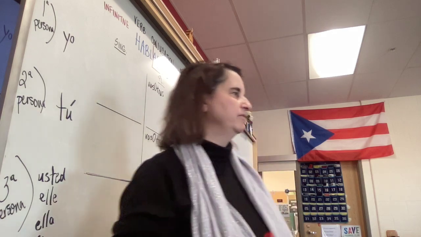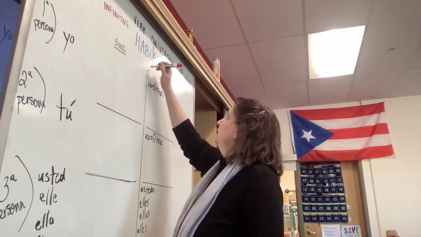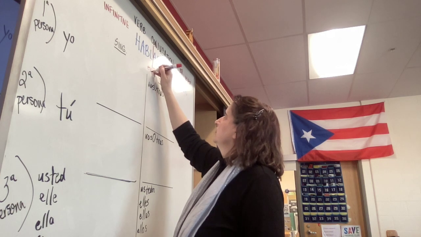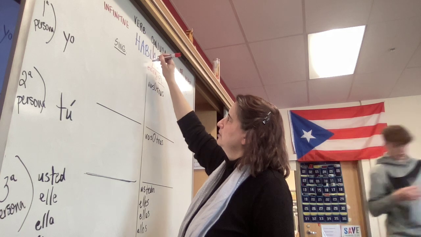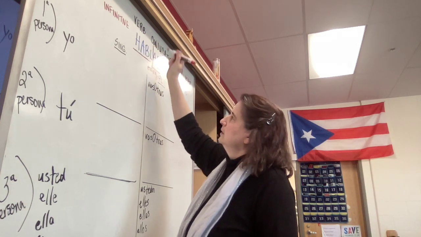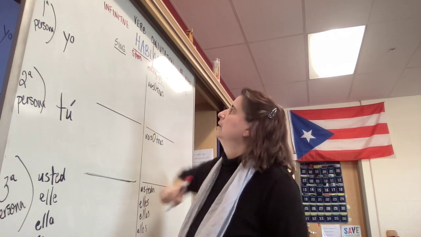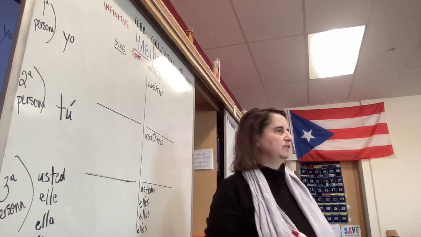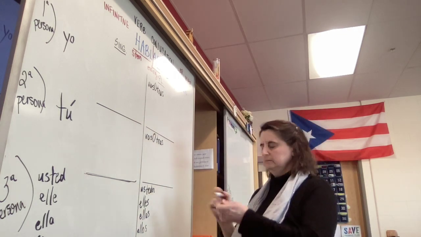We're taking off the AR, and that is called the ending. So label that part the ending, and anything in front of the ending is called the stem. So now we have the stem, we have the ending, we've identified it as an AR verb.